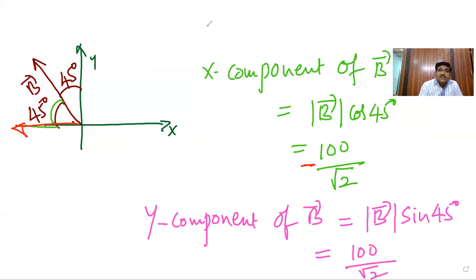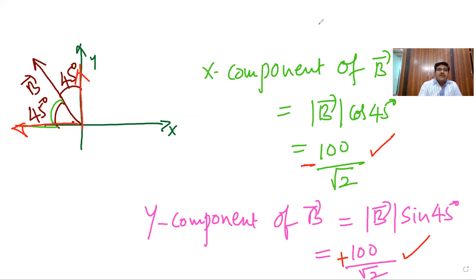Observe, its y component is towards the positive y-axis, so it is positive. The x component is horizontally in the negative direction of x, and vertically towards the positive y-axis. So have the clarity. Be careful about the directions of the vectors.